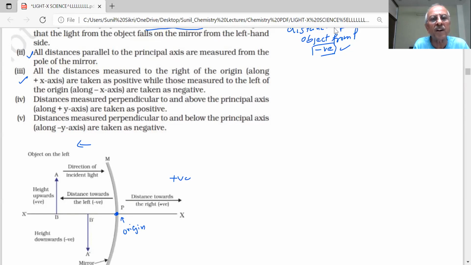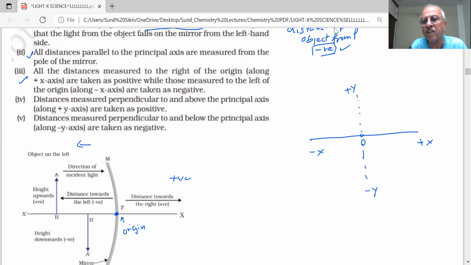Fourth, distances measured perpendicular to and above the principal axis along the y-axis. What I told you, student, this is my origin, this is my plus x, this side is my minus x, and you have another axis here. You have seen in maths, this is my plus y and minus y. So you have two axes.